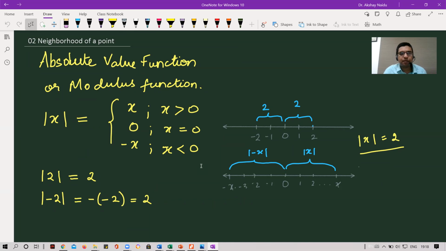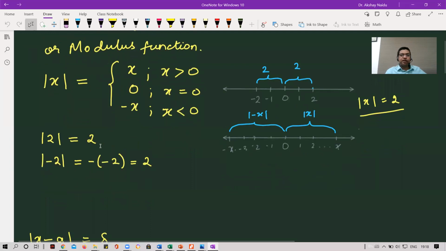So the absolute value function, we know the modulus function is x, 0 and minus x, for x greater than 0, equal to 0 and x less than 0. Now absolute value of x, as I explained to you, tells you about the distance of the point from the origin. Absolute value of x minus a tells about the distance of x from the point a.